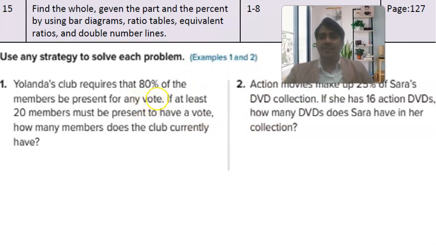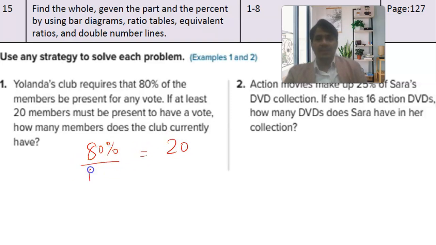Yolanda's club requires 80% of the members to be present for any vote. If at least 20 members must be present to have a vote, how many members does the club currently have? So 20 members is 80%. 100% is how much?